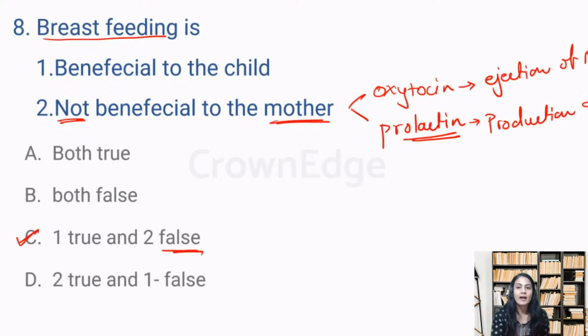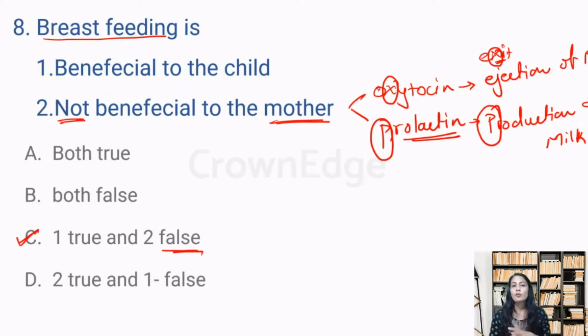So if they ask production of the milk is because of, how are you going to remember? P for P, P for production. And X for ejection or exiting of the milk, I told you, X for X. So ejection of the milk is because of oxytocin, and production of the milk is because of prolactin.